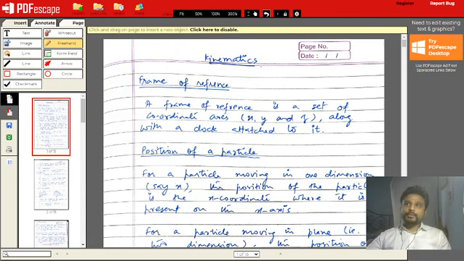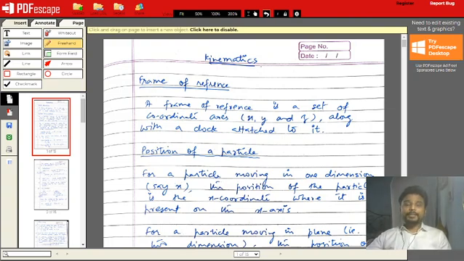As you would have already studied in your junior classes, the position of the particle means where the particle is at. The velocity loosely means how fast the particle is moving, and the acceleration means how fast the velocity or the speed of the particle is changing.